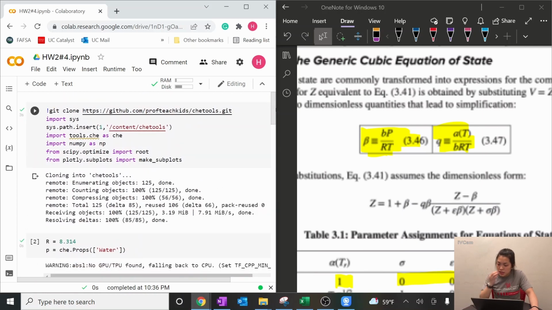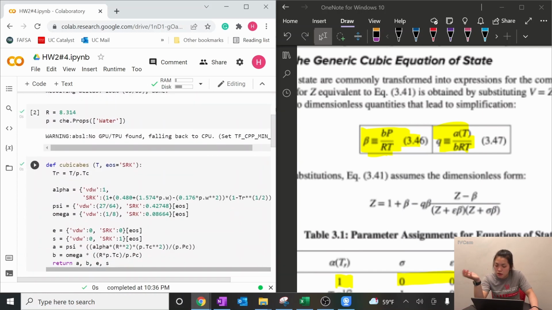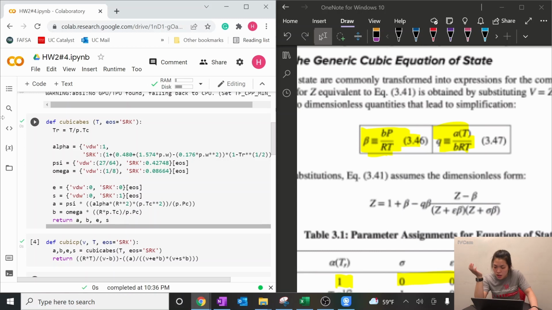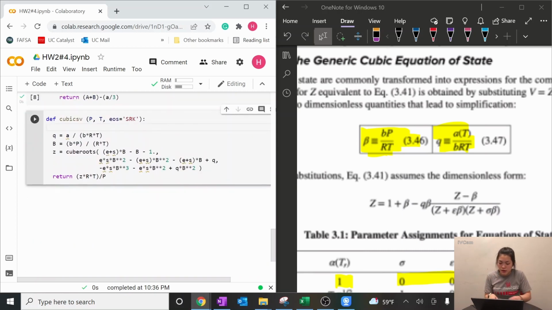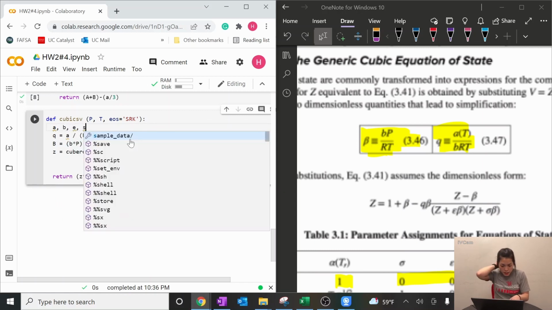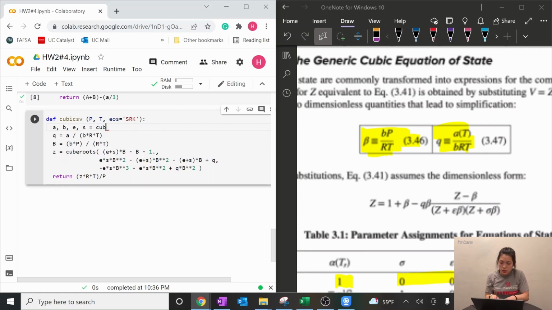Well, as we mentioned at the beginning of the video, we have a function already written out to solve for these constants, and we have it defined as cubic ABES. So we're just going to put in that A, B, E, epsilon, and S, sigma, is equal to the cubic ABES function at a specific temperature and for the equation of state of SRK.